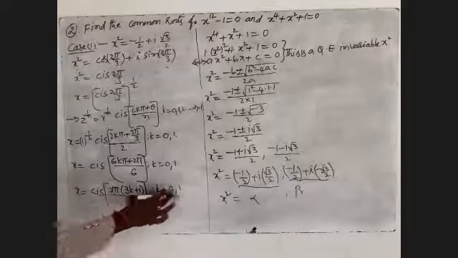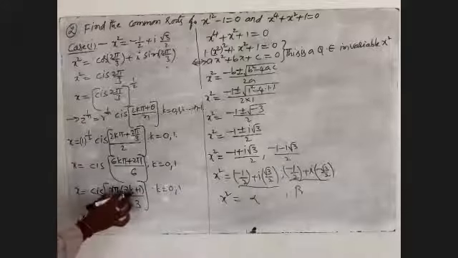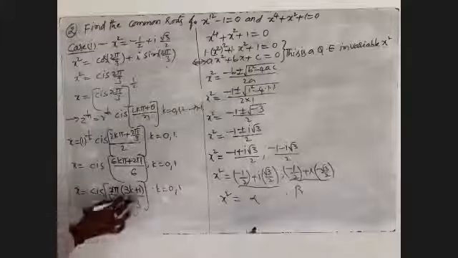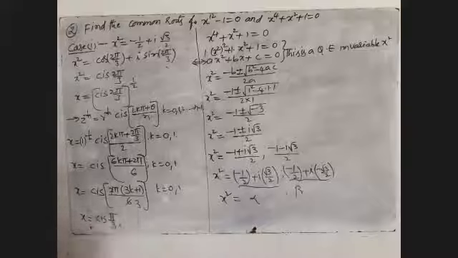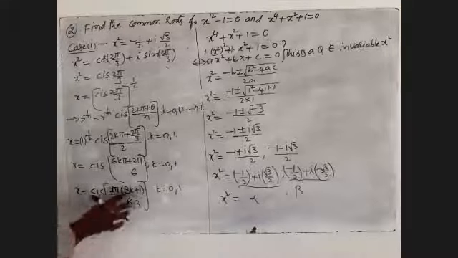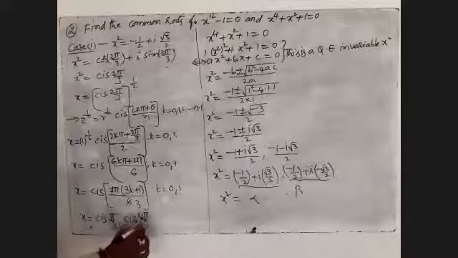First I will take k is equal to 0. x is equal to cos of 3 into 0 is 0, plus 1, into pi, that is pi by 3. After that we'll take k is equal to 1: 3 plus 1 is 4, so cos of 4 pi by 3.